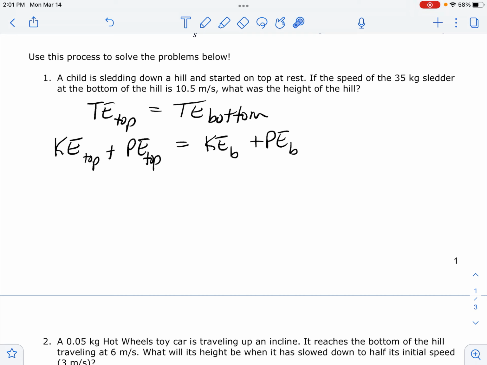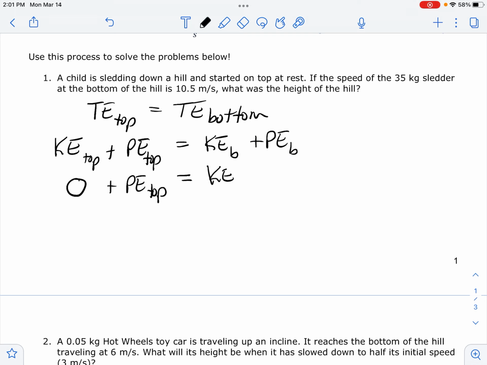Okay, at the top, we can see we started at rest. So that means our kinetic energy at the top is 0 plus the potential energy at the top. And we know that when you are at the bottom of the hill, the potential energy is also going to be 0 because the height is 0.